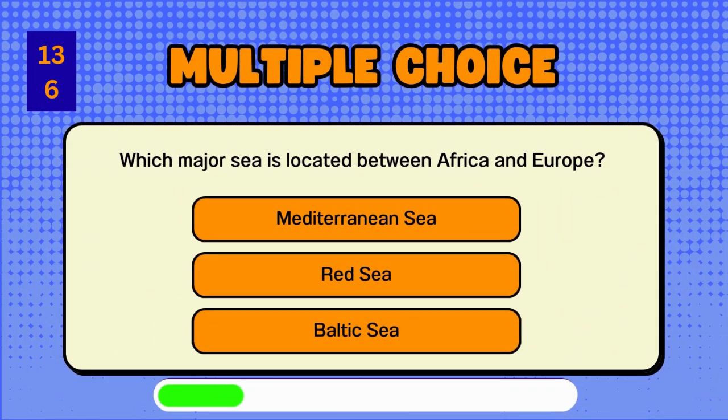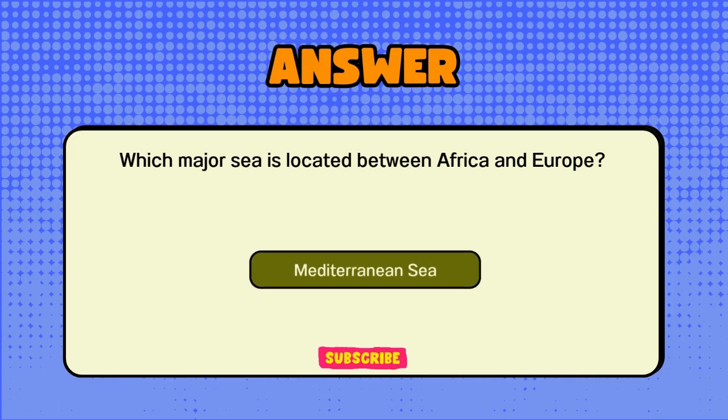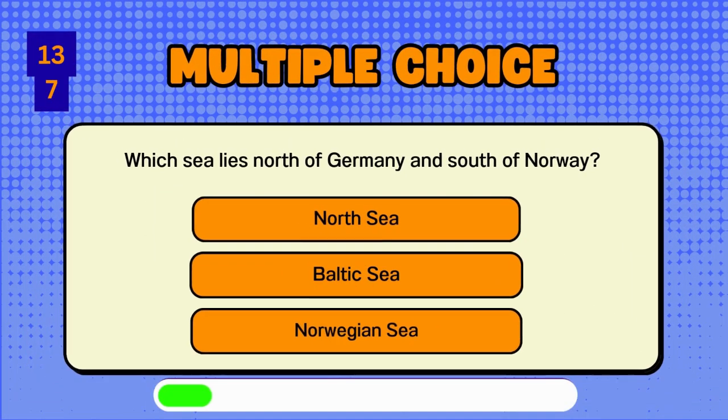Which major sea is located between Africa and Europe? Which sea lies north of Germany and south of Norway?